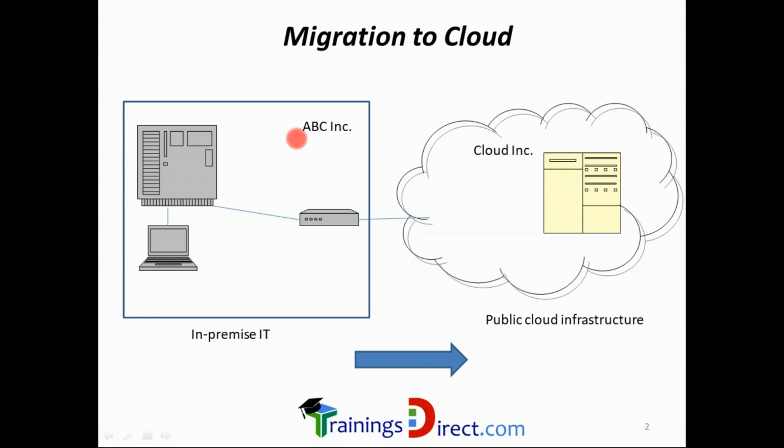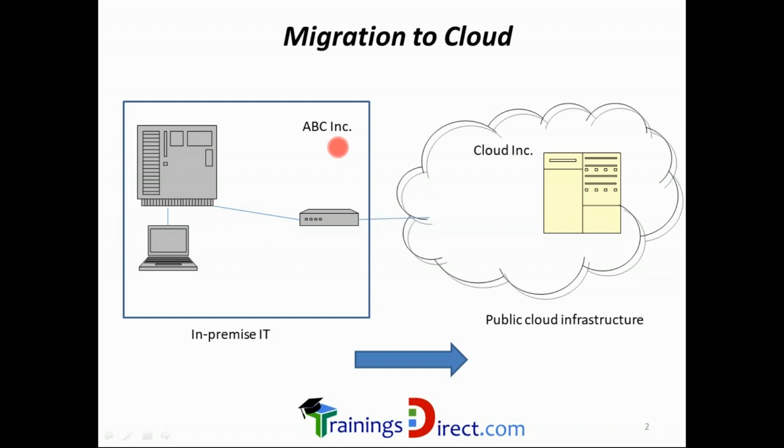This allows ABC Inc. to reduce their own purchase expenses for the IT equipment or to develop software. Therefore, they think it is a good idea to discard all their internal hardware and software and rely on the hardware and software of Cloud Inc.